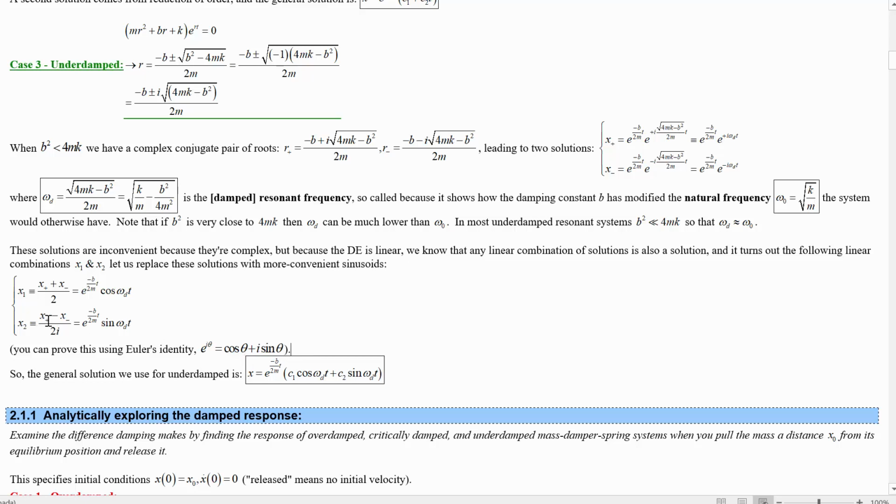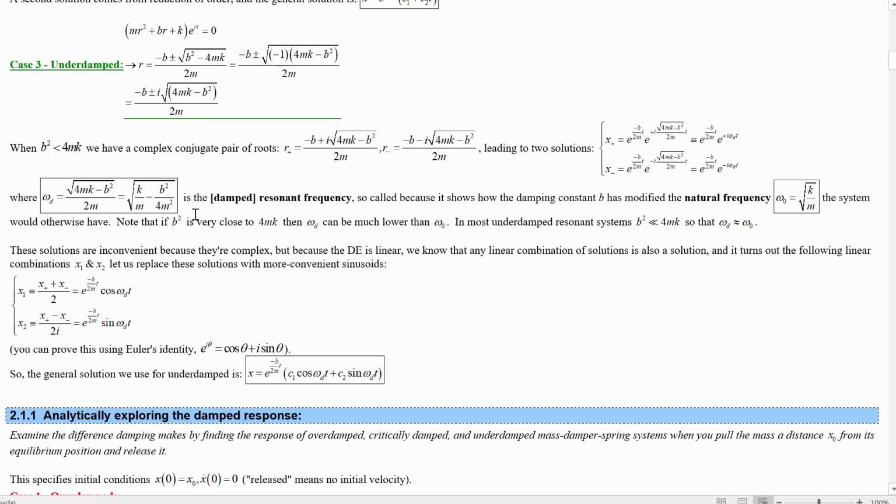It turns out that if you take these linear combinations, the positive root solution plus the negative root solution divided by 2, you can work out that it's e to the negative b over 2m t times cos of omega t. What's omega? Omega is defined as a convenient thing as this root that we have, root 4mk minus b squared over 2m, which you could write, taking the 2m under the root, as k over m minus b squared over 4m squared.